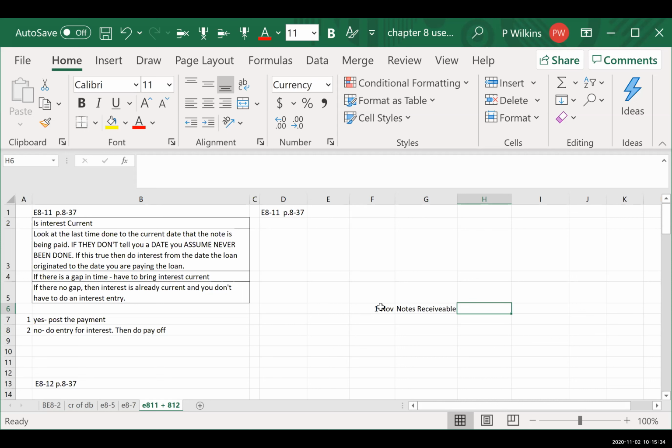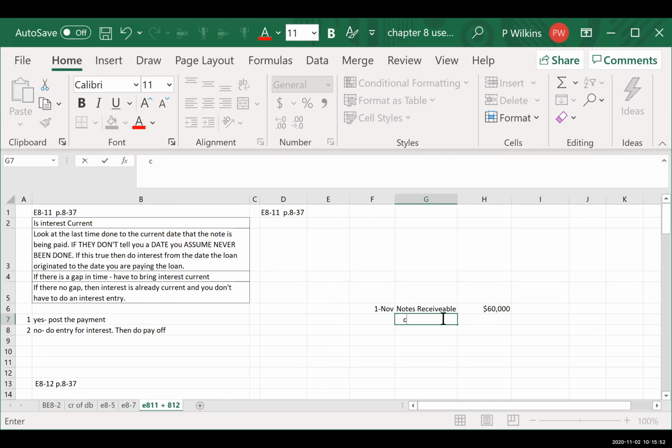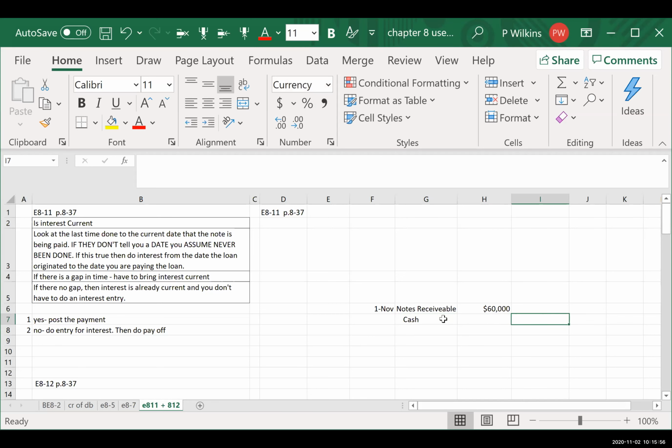Notes receivable for $60,000. And we're going to credit cash because it was a loan, so that means we gave them cash. All right. So that's November 1.